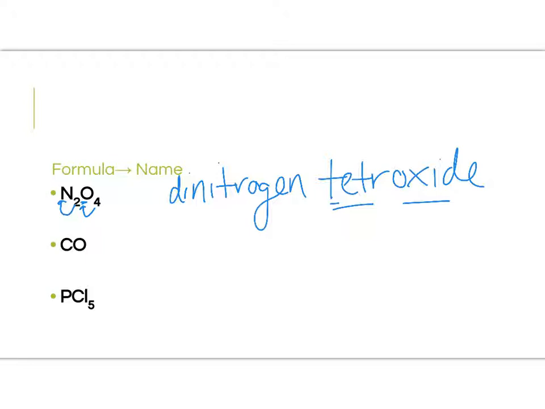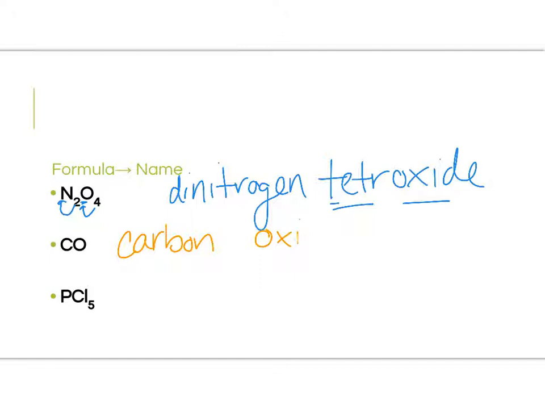The second one here, first element is carbon. I only have 1 carbon in this formula. I know that because there's no subscript on it, so just having the symbol means there's 1. And I remember back to the note that I gave you earlier that says you don't need the mono prefix on the first element, so we're just going to say carbon. The second element is, again, oxygen.